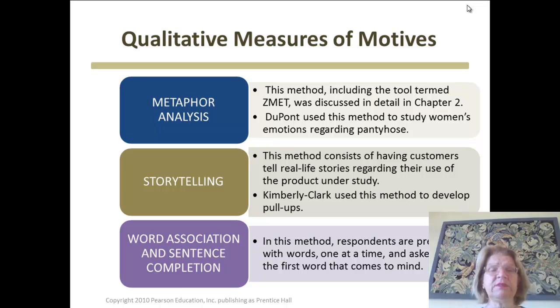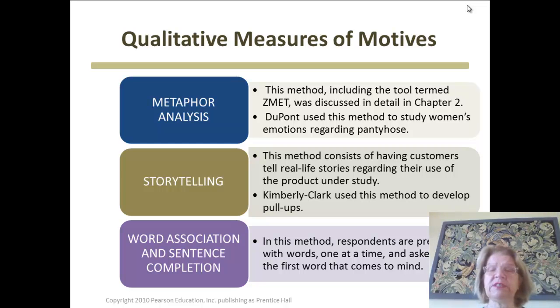The results are then combined to see if there are common themes or constructs that consumers mention in their results. To summarize, metaphor analysis uses pictures as a stimulus for the consumer to express their thoughts, feelings, and beliefs regarding a product or brand.